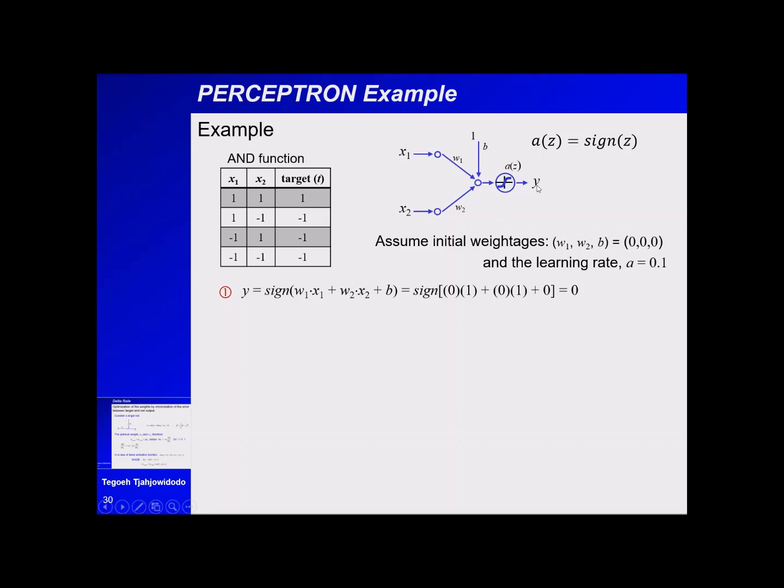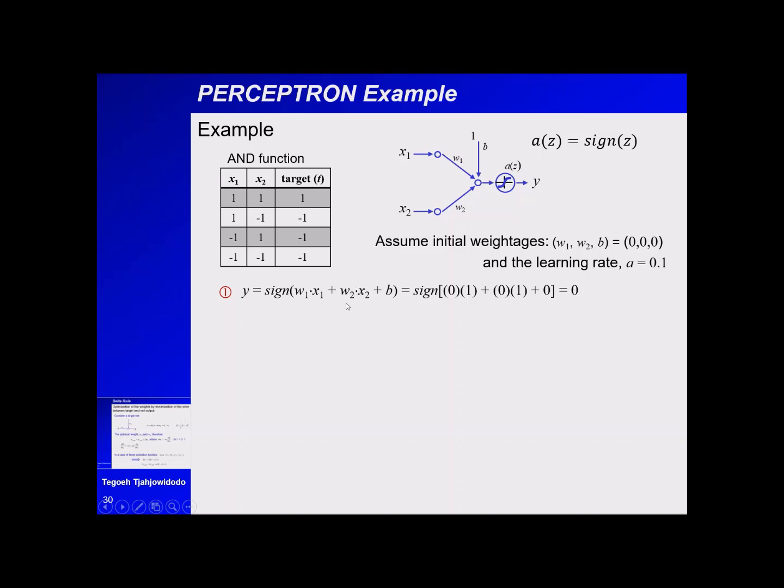So I will calculate the updated weights here by first calculating the output of this network after the activation function. So y here will be equal to the output of this node, W1 times X1 plus W2 times X2 plus B, and then I take the signum of that output.